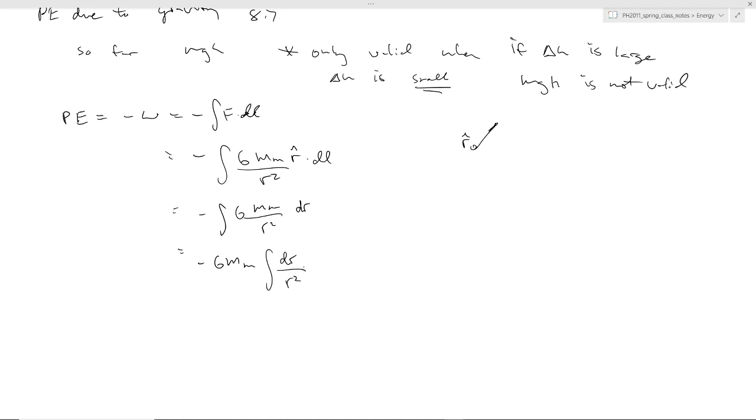The r hat dot dl becomes just dr, because the differential dr points in r.